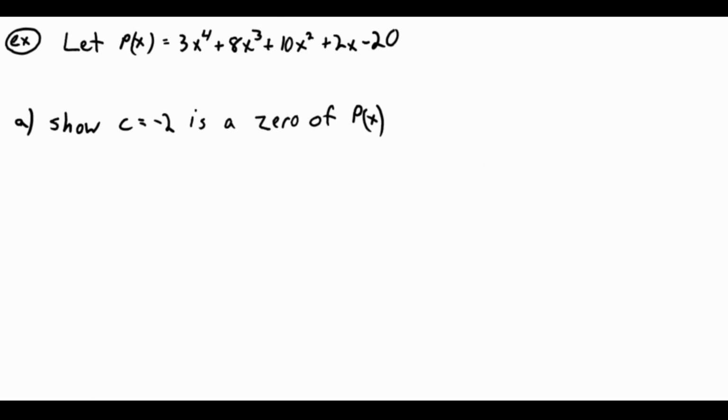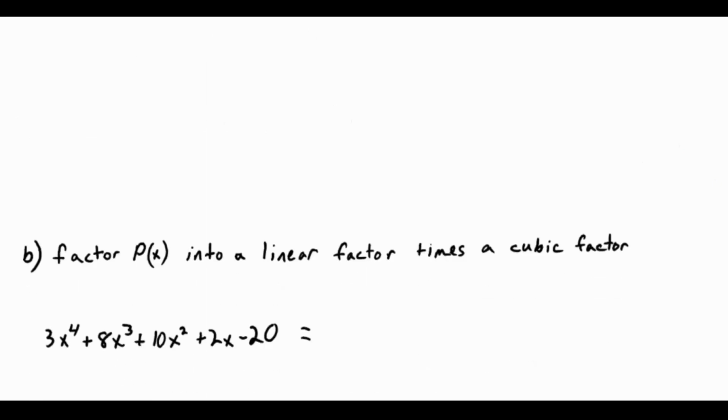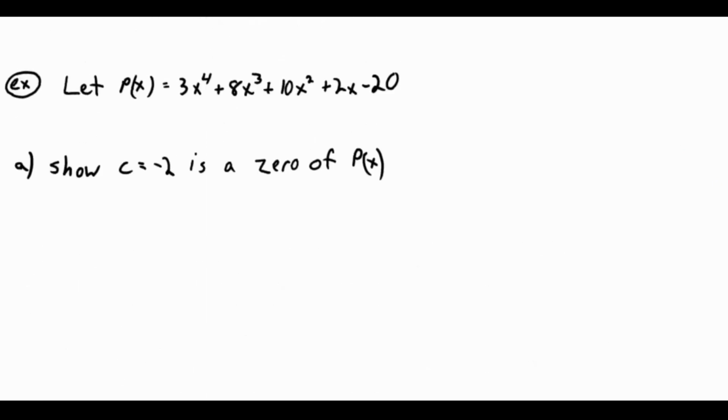Okay, in this example, let p of x equal 3x to the 4th plus 8x cubed plus 10x squared plus 2x minus 20. Show c equals negative 2 is a 0 of p of x. How could we do that? We could plug it in directly and get 0.